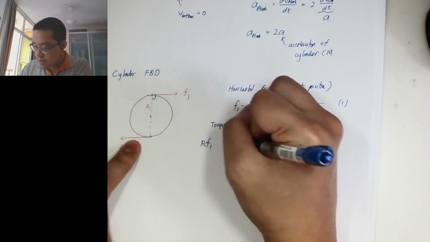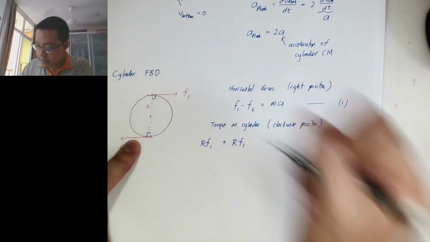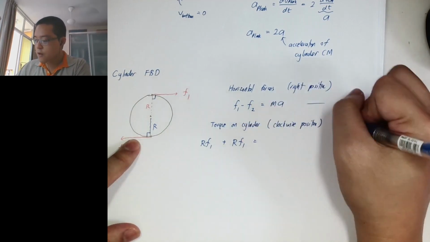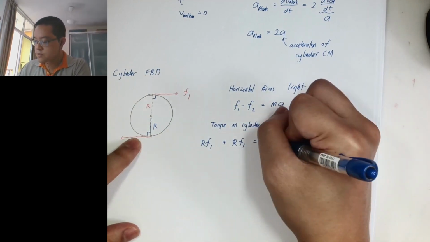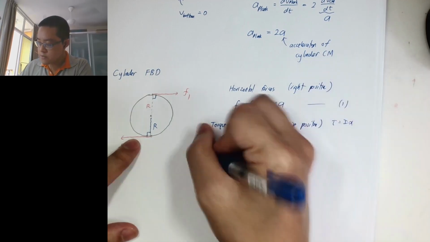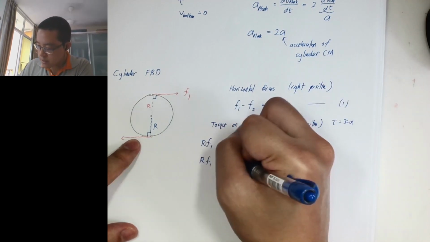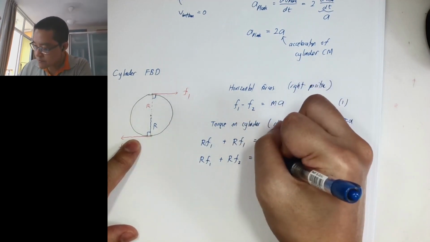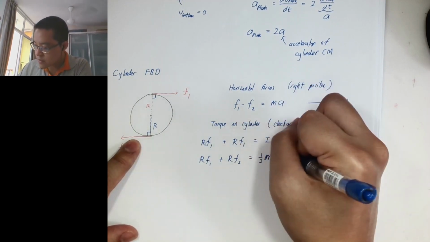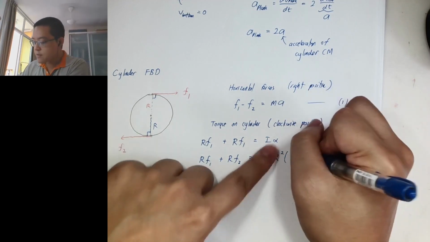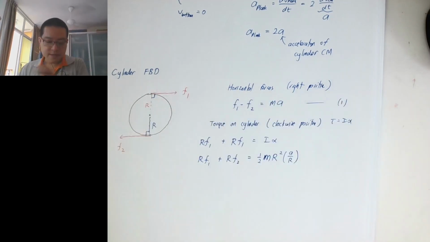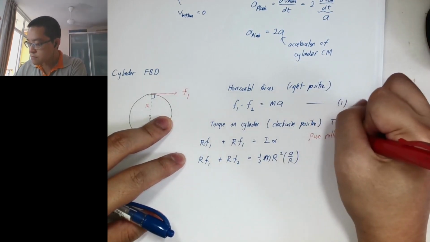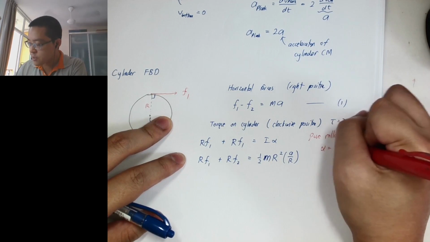This is also plus r times F2, also perpendicular, and the distance is r. The torque is equal to I alpha. Let me write one more line: r F1 plus r F2 equals the moment of inertia of the cylinder, half little m r square, times alpha. And alpha is a over r, because this is pure rolling.